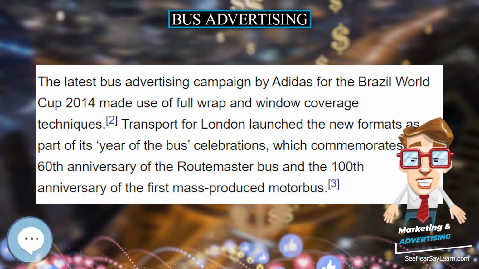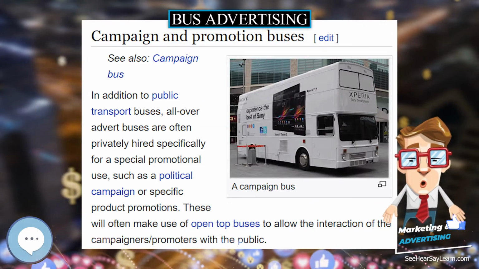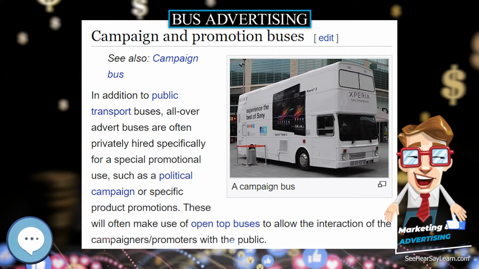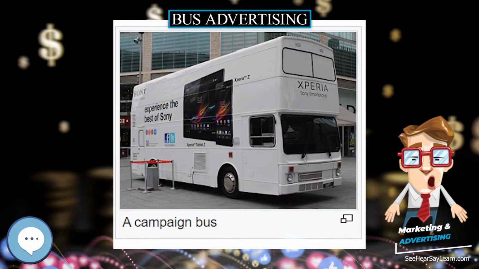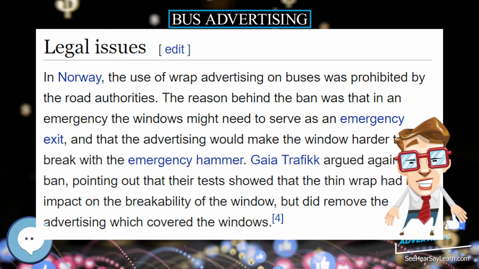Some panel and full side and all-over adverts were traditionally painted on if the length of application warranted it. This would require a reasonable longevity and cost implication for advertisers, due to the requirement to take buses out of service to apply and remove paint schemes.